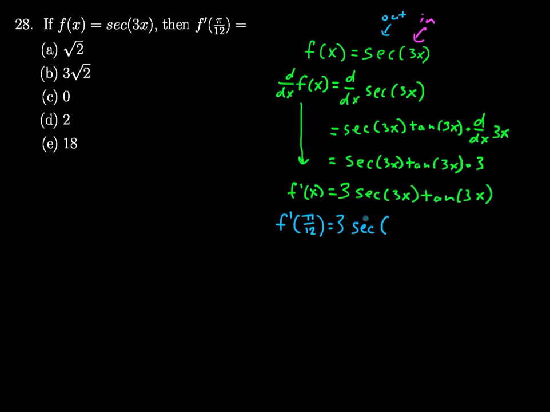Well, 3 over 12 is 1/4. That's pi over 4. Multiplied by the tangent of 3 pi over 12. 3 times pi over 12 is, again, pi over 4.